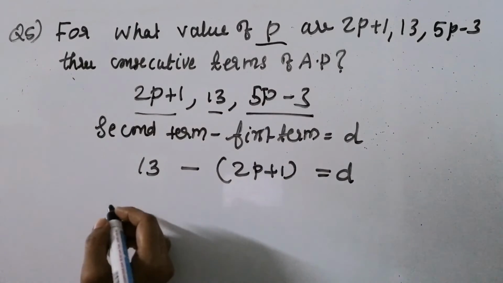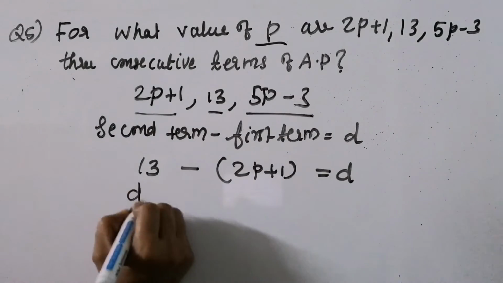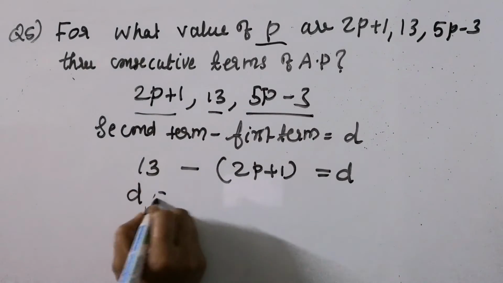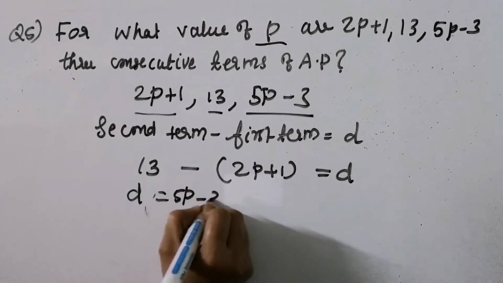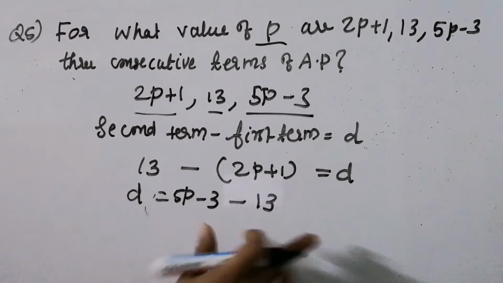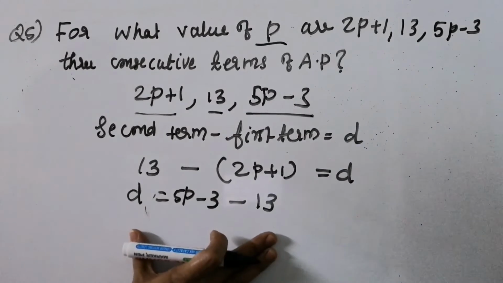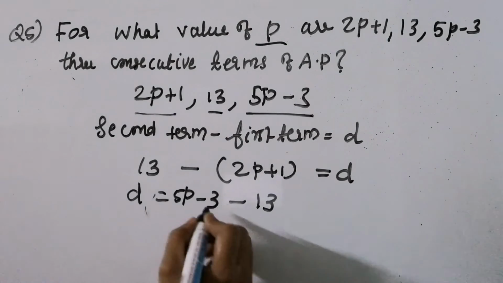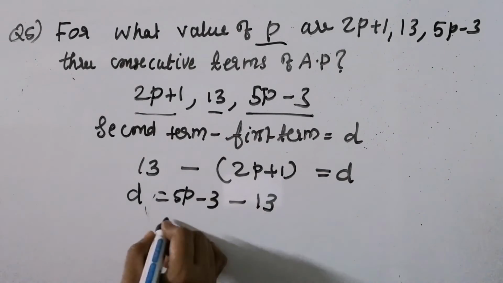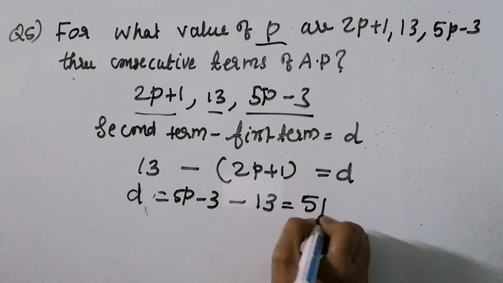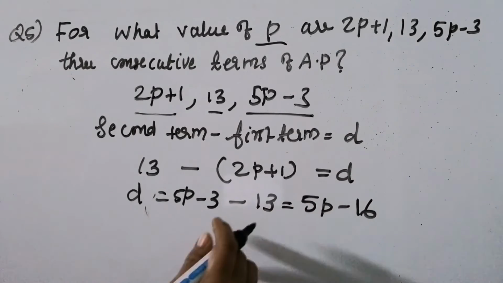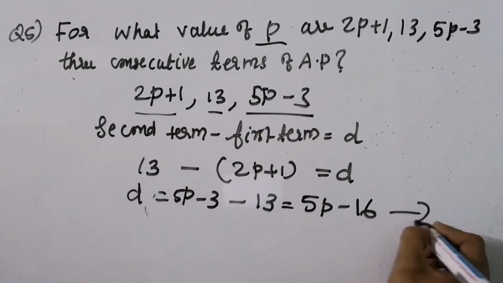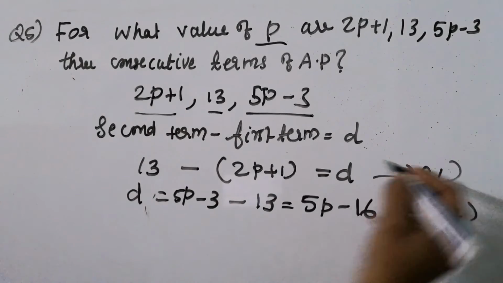The same way, we write that D is also equal to 5p minus 3 minus 13, which is also the common difference. We get the same common difference. Okay, then 5p minus 3 minus 13 becomes 5p minus 16. This one is equation number 2 and the earlier one is equation number 1.